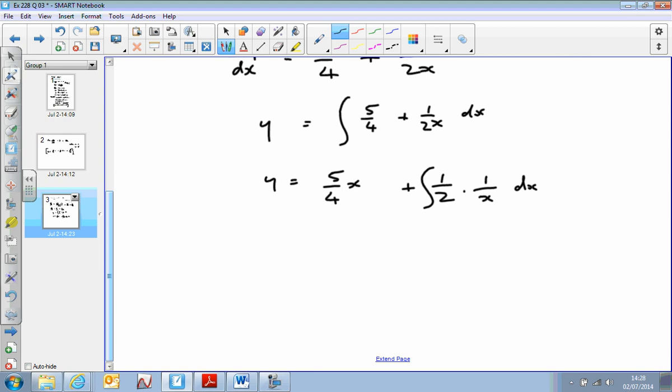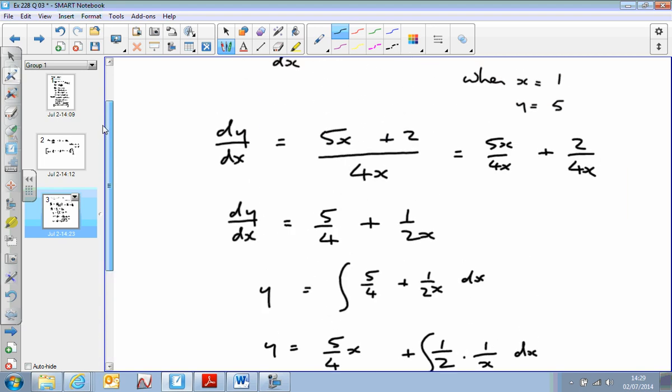That's what's sort of going on in my head. So I can think of that as a half of the integral of 1 over x, which we know is log x. So we end up with y equals 5 over 4 x plus a half log x plus c. So that's my general solution.